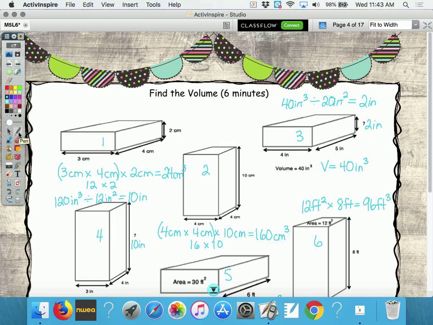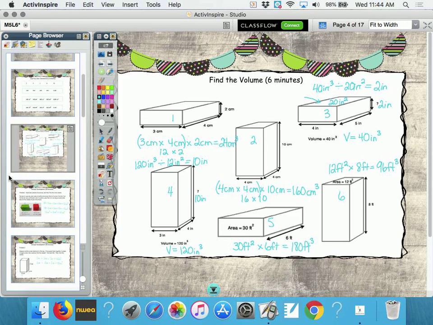What does it mean that one face has an area of 10 square meters? The area of one side. Okay, so one layer. So let's say this right here has the area of 10 square meters. Okay? Now on this problem, what was the area of it? 20. 20 square inches, correct? Okay, so let me go back to this page that we're on now.